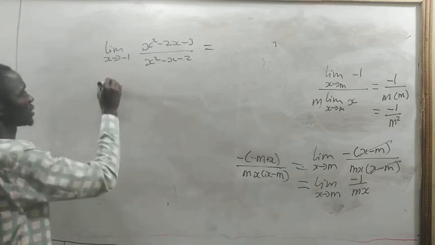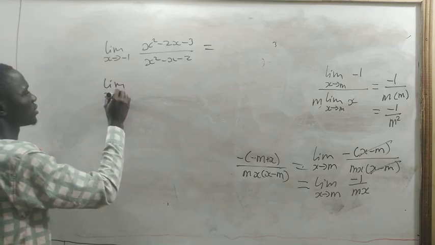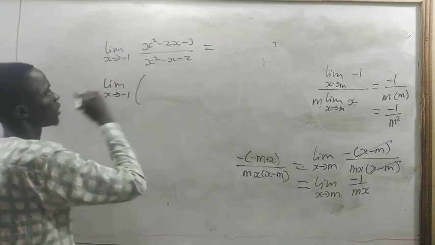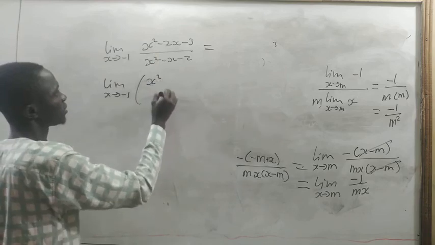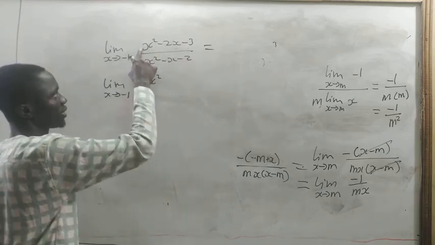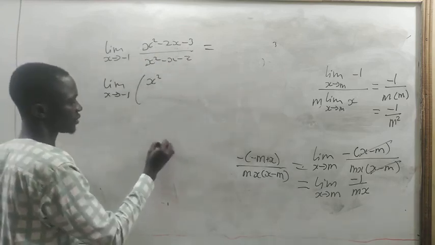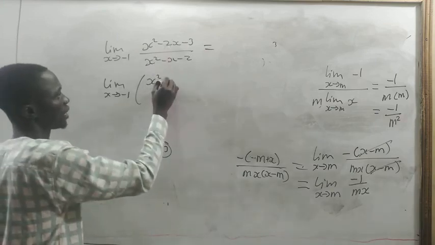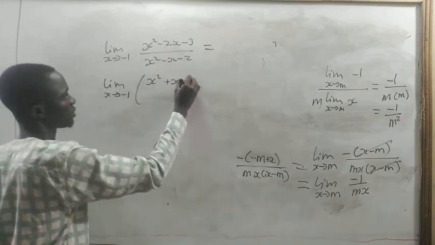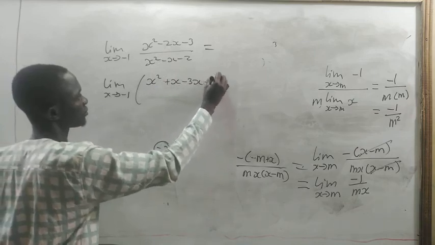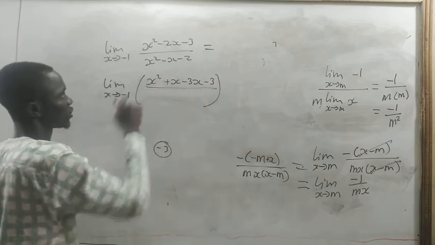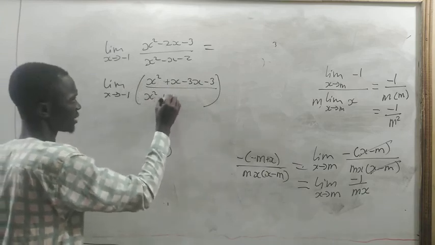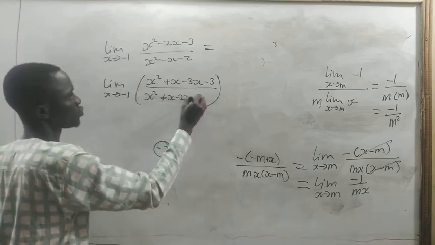The top one will be x squared, then positive 1 times negative 3 is negative 3, so you take the factors that give us negative 2: you have plus x minus 3x minus 3, divided by this one, we have x squared plus x minus 2x minus 2.